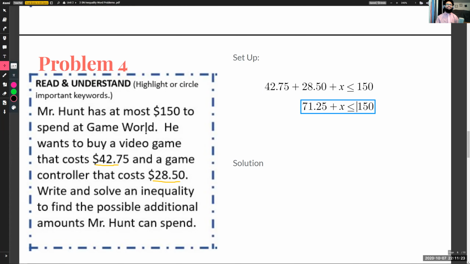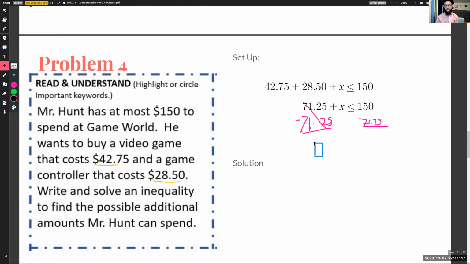So now my next step, you guys know my next step already. You guys are awesome at doing this. Ooh, different color. I like to use this color when writing out my math steps. 71.25, subtract it from this side, and 71.25, subtract it from that side. This goes to 0.